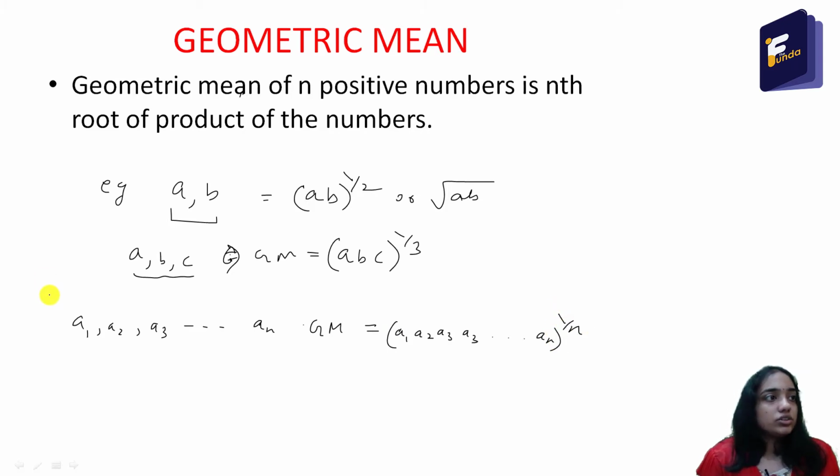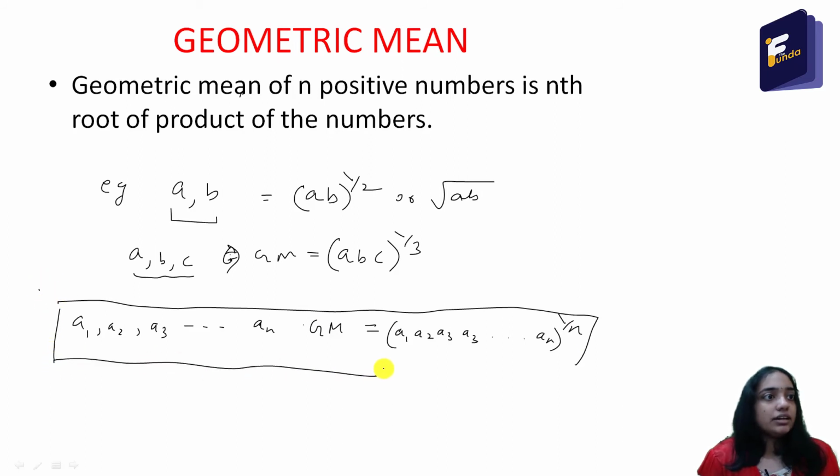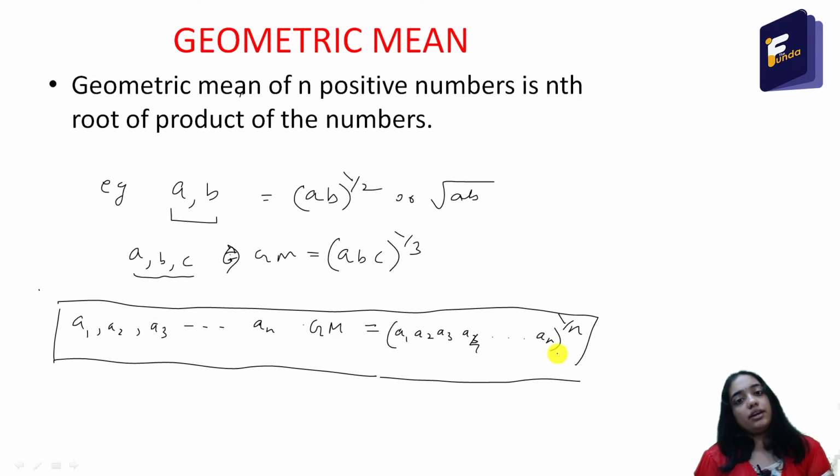You have to remember this formula. The geometric mean of n numbers a1, a2, a3 up to an is a1 into a2 into a3 up to an whole to the power 1 by n. Geometric mean of n positive numbers is the nth root of the product of the numbers.